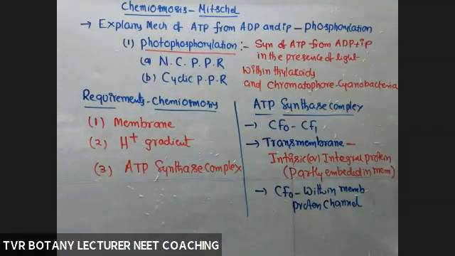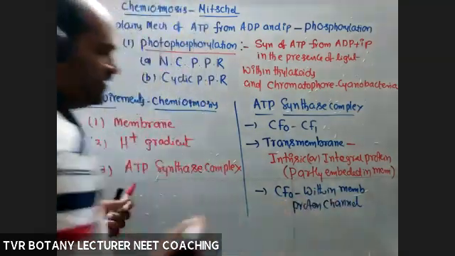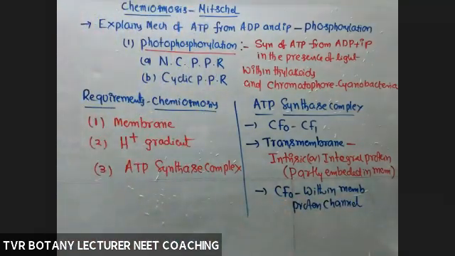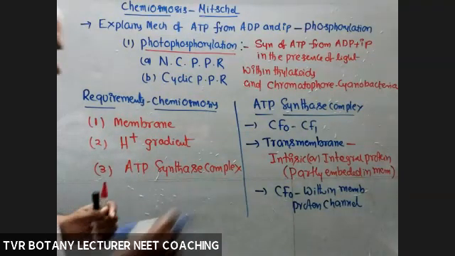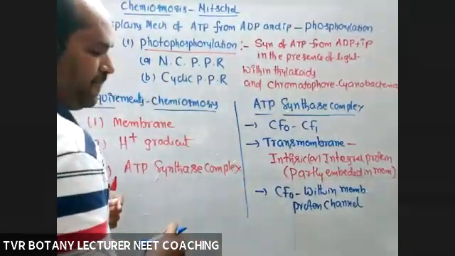Okay, F0 is within the membrane, integral part, embedded part. CF0 is a proton channel concerned with transportation of protons from one location to other location. That is also protein only, some part of protein, F0 inside the membrane.